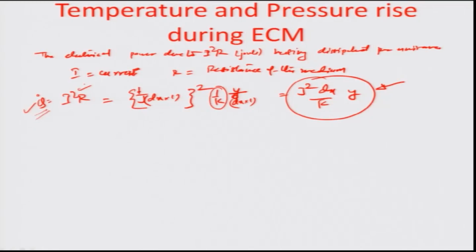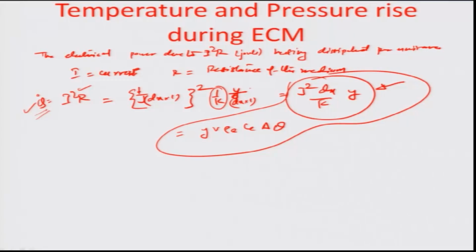Which is given by this j square dx by k y, and you already know that this heat is getting pumped into the electrolyte, and the rate at which the electrolyte is being heated is given by y v rho e c e delta theta. So, this is a complete power balance between the electrical power and the way that the electrolyte is being heated up.